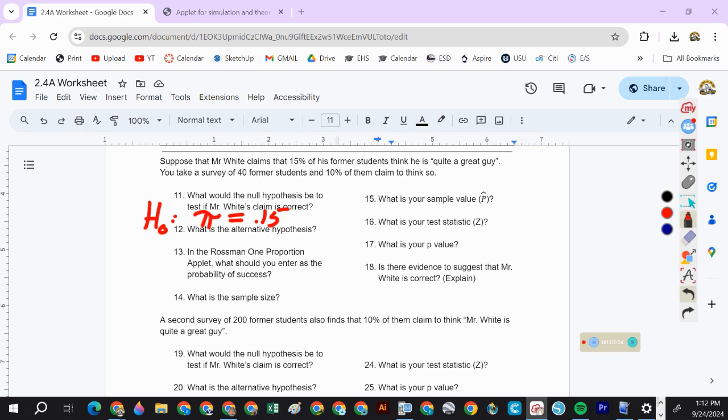And the answer is it depends, right? But the null hypothesis is always equal to, every time, no matter what test we're running. The alternative hypothesis, H sub A, says pi is less than 0.15. Why did I choose less than? Our sample value was less than 15%. Is everybody good there?